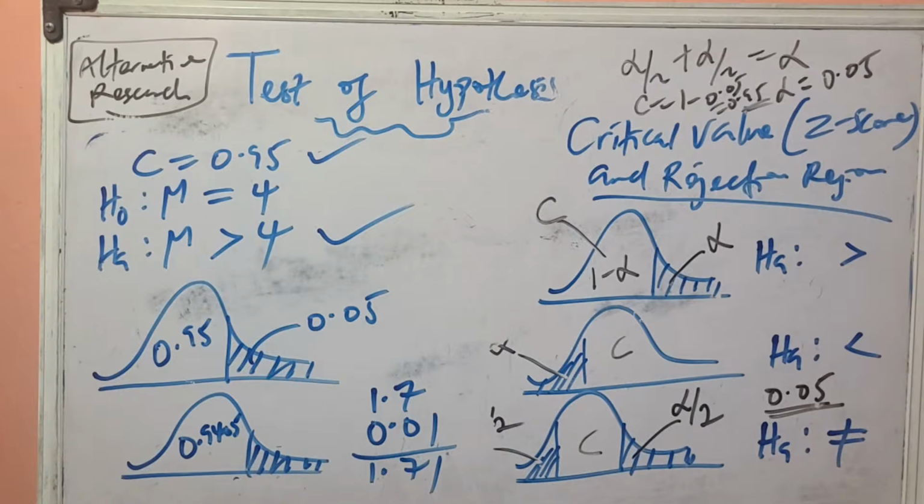It's more like reverse engineering. Before, you knew 1.7 under 0.01, you went on to your table. Can you guys please hold your table with you? Let me do something much more practical. So open your table right now. Let's use it. Your Z table is very, very vital right here.